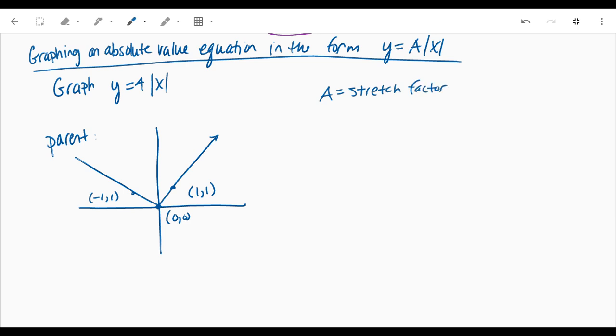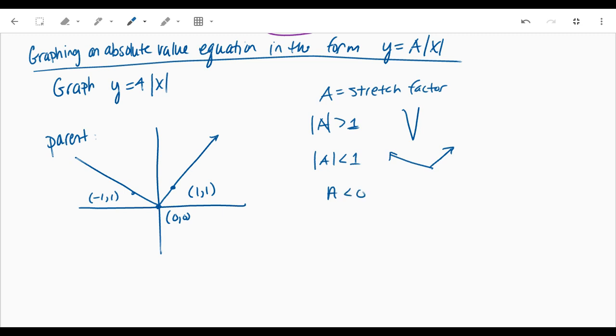If the absolute value of A is greater than 1, then you're going to have steeper. And if the absolute value of A is less than 1, it's going to be fatter. A is kind of like the slope of each side. We start out with a slope of 1, and then to the left it would be negative 1.